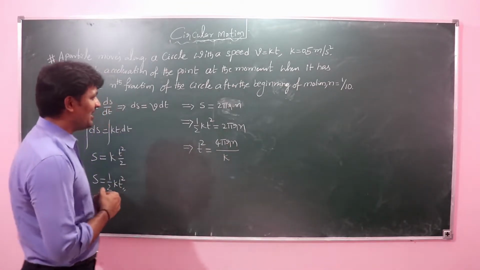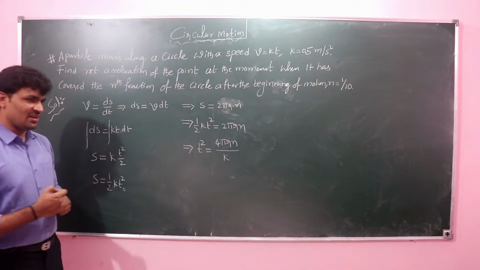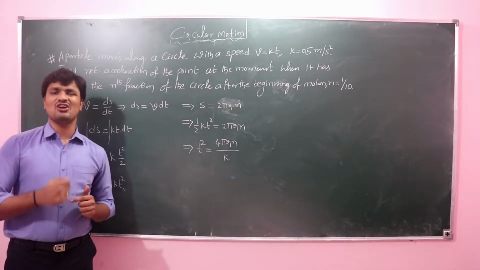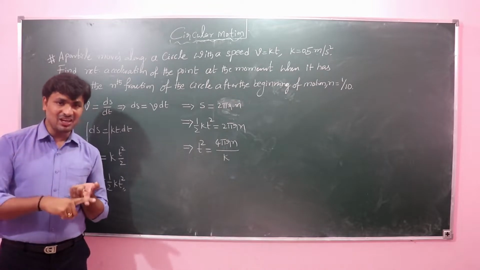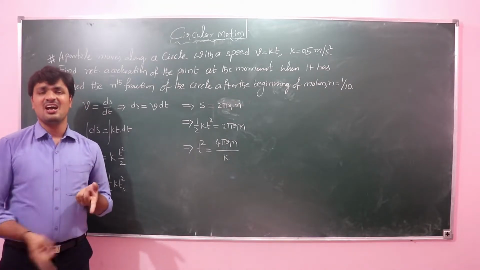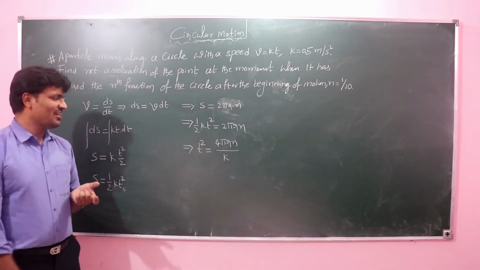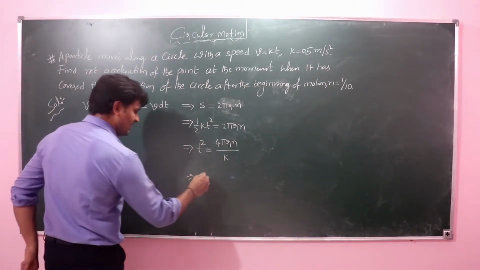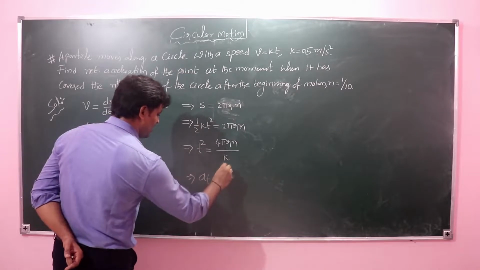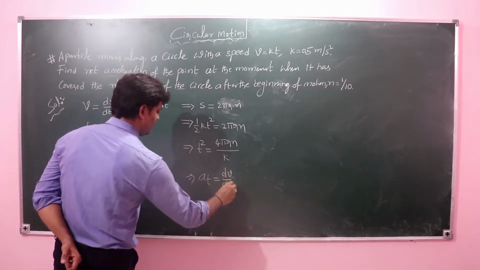Let's try to get the net acceleration, which is the combination of tangential acceleration and also radial acceleration. For that I'm writing the tangential acceleration is simply dv by dt.